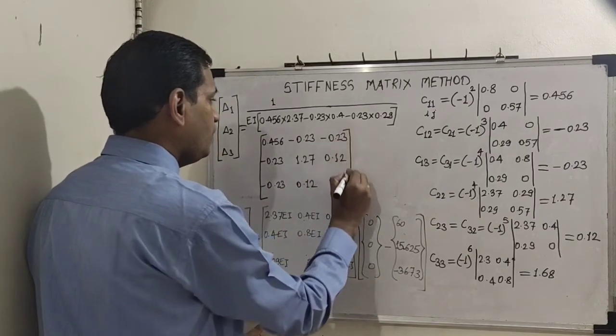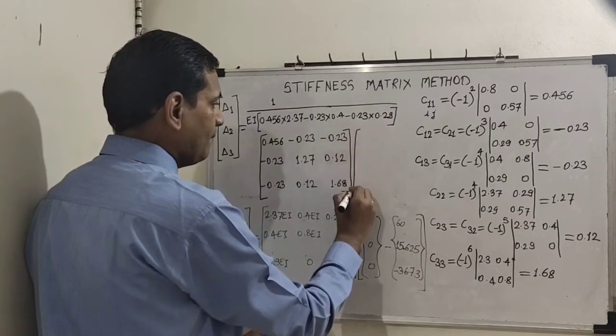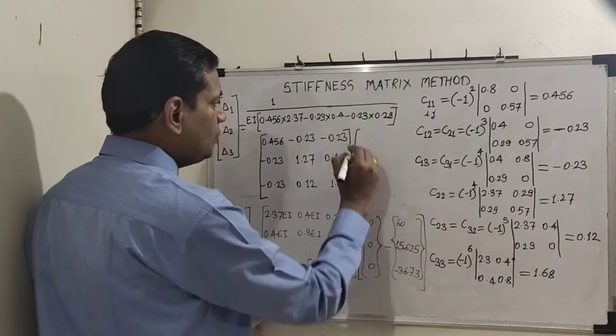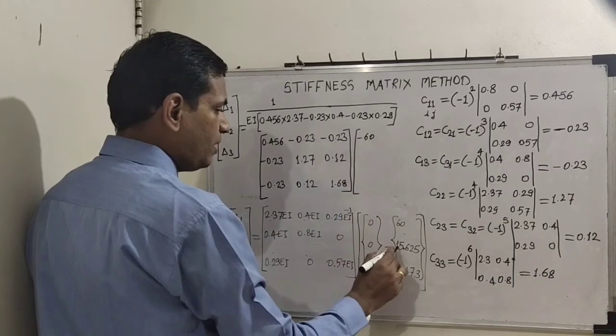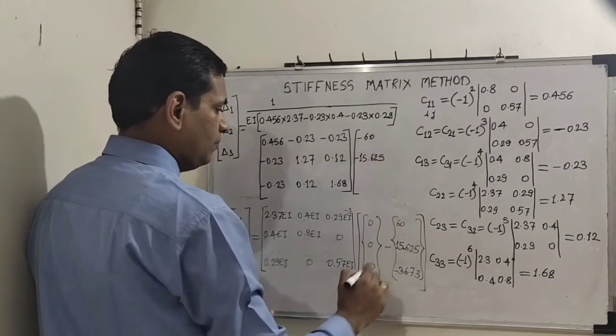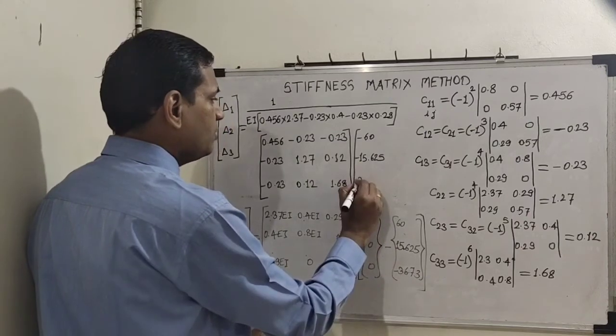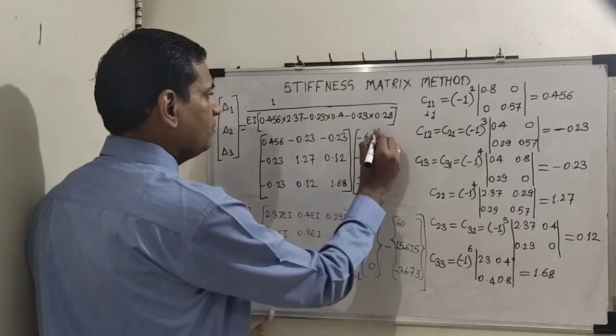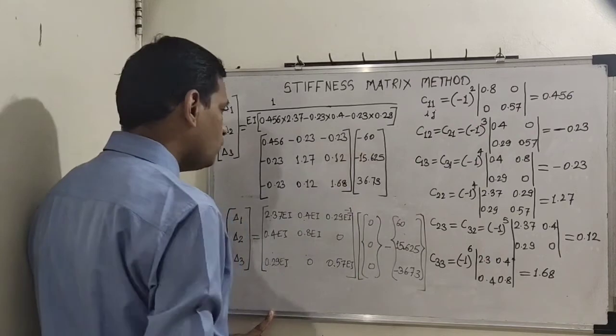So this is inverse of 3 by 3 over. Next 0 minus 60 is minus 60, 0 minus 15.625, 0 minus minus plus 36.73 over.